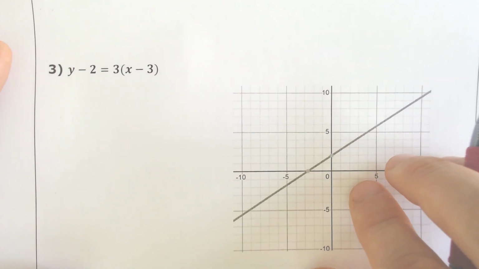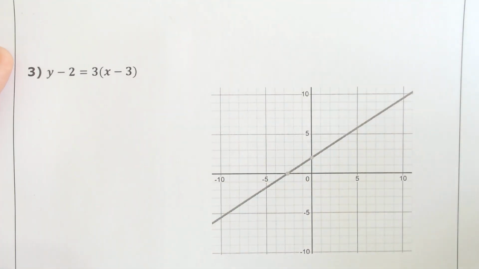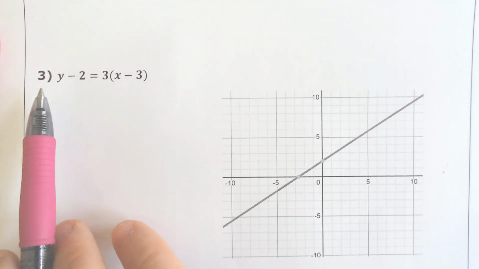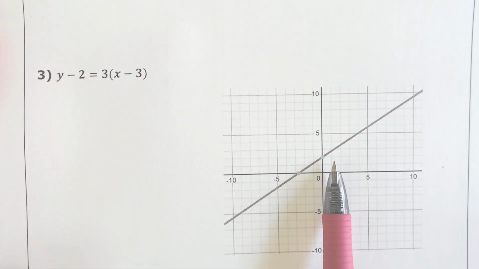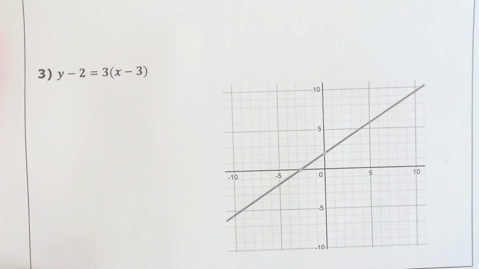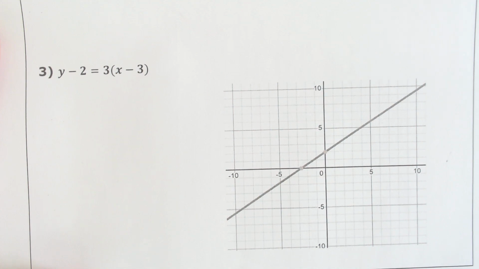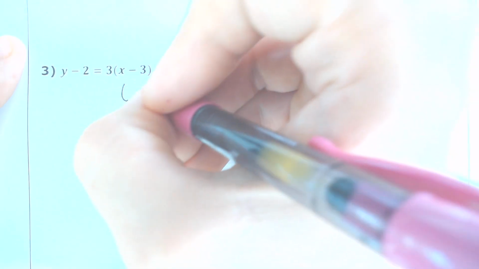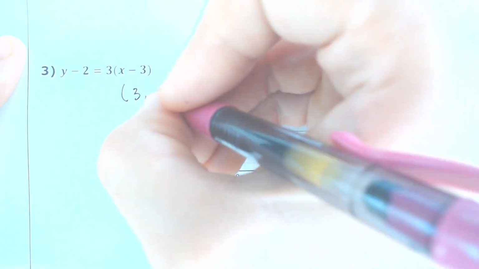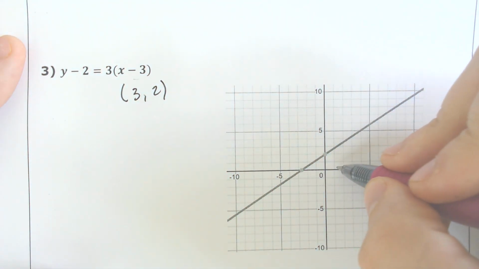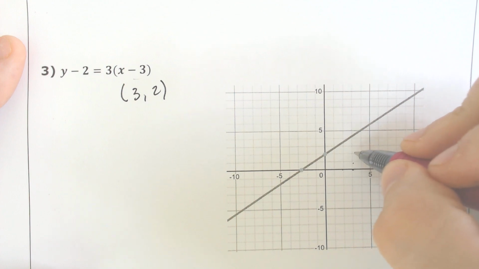Last and final problem of the afternoon or morning, depending on what time you're watching this, is right here. We have a point slope form and an already graphed form. The fact that it's already graphed indicates to me that maybe I should use the graph. And if the graph doesn't work, then I'm going to have to use elimination or substitution. So here we have our point, change the sign, 3, change the sign, 2: right 1, 2, 3, up 1, 2.